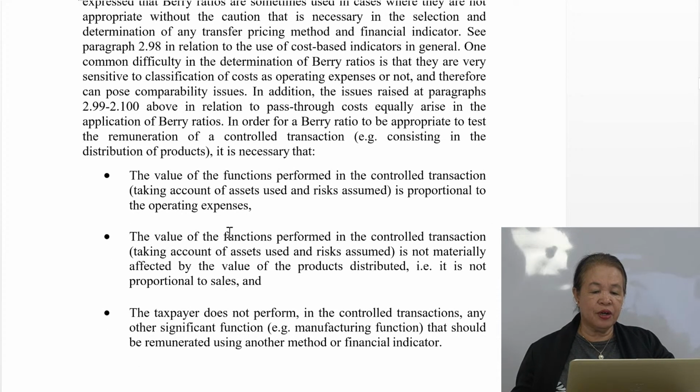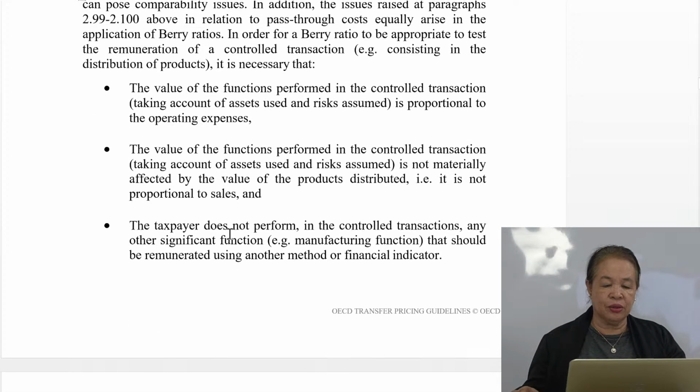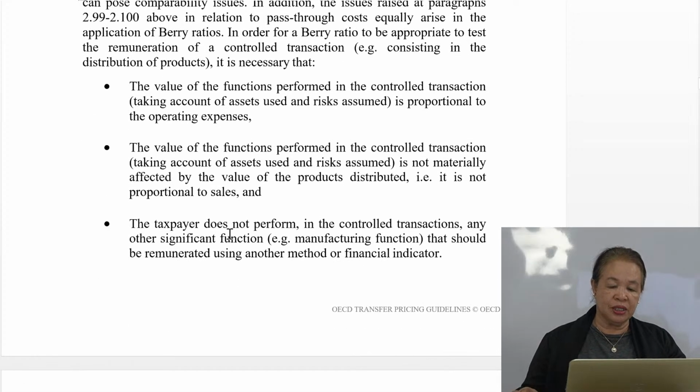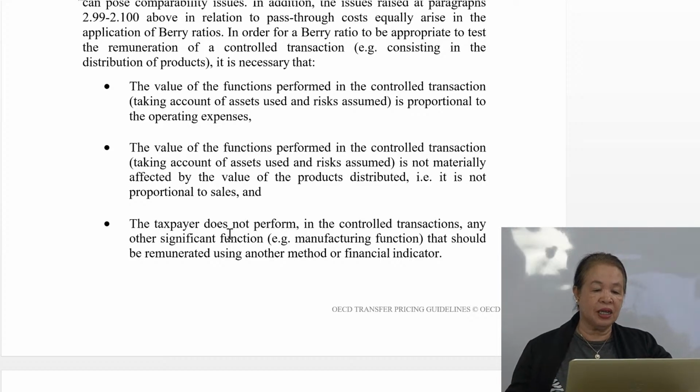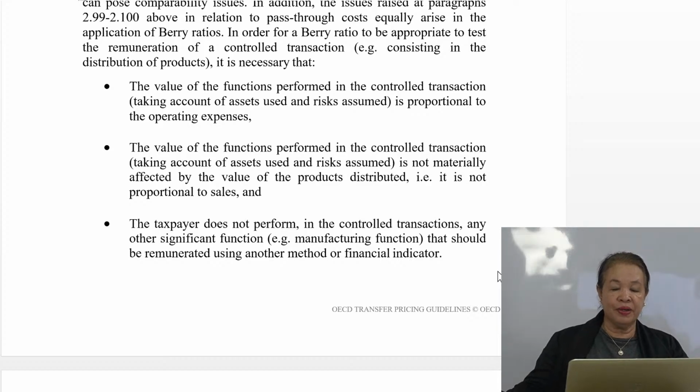In order for a Berry ratio to be appropriate to test the remuneration of a controlled transaction, for instance consisting in the distribution of products, it is necessary that the value of the function performed in the controlled transaction, taking account of assets used and risk assumed, is proportional to the operating expenses. Not the overclaims.